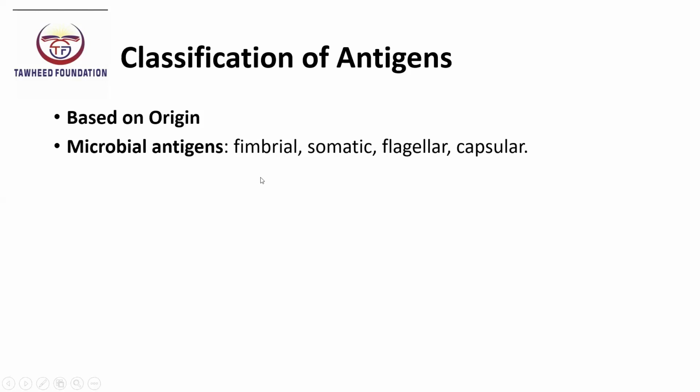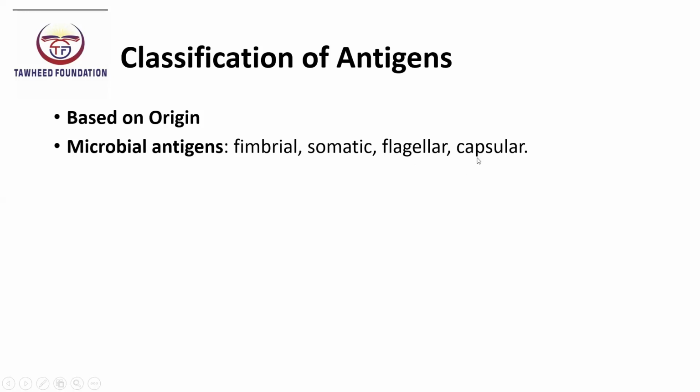Febrile antigens are located on the fimbriae of bacteria and play a role in bacterial attachment to host cells. Somatic antigens are structural components of the bacterial cell wall. Flagellar antigens are associated with bacterial flagella and are important for motility.